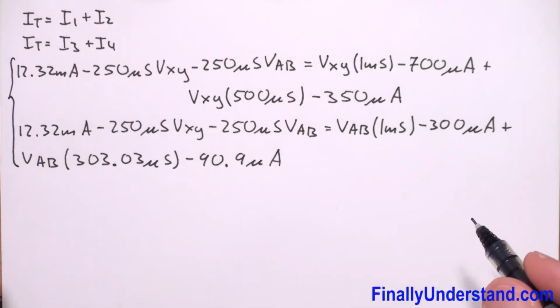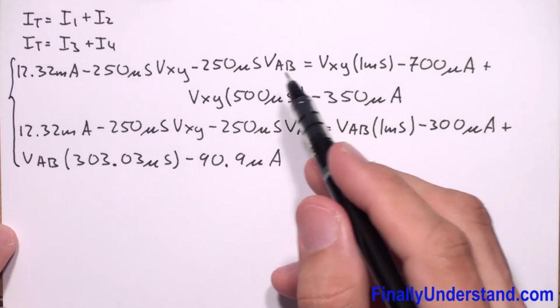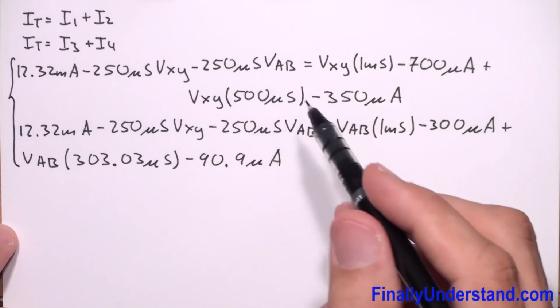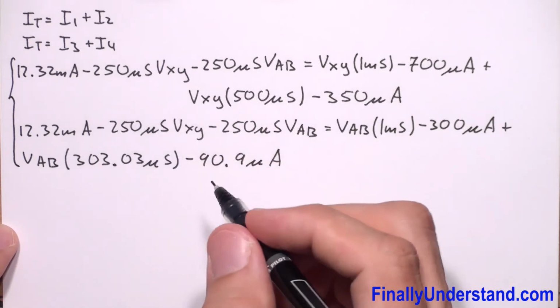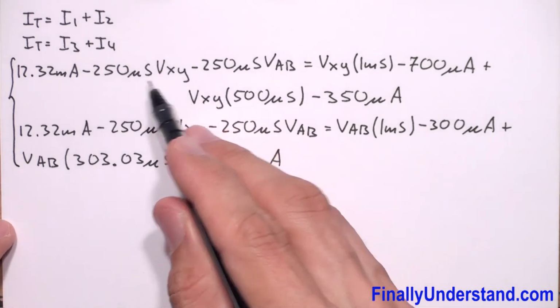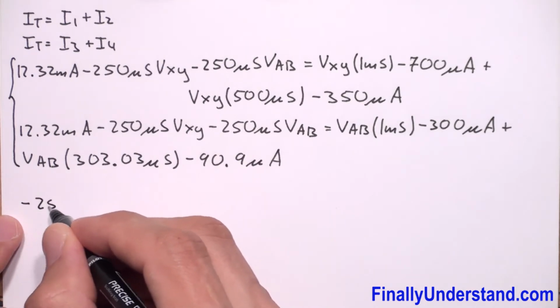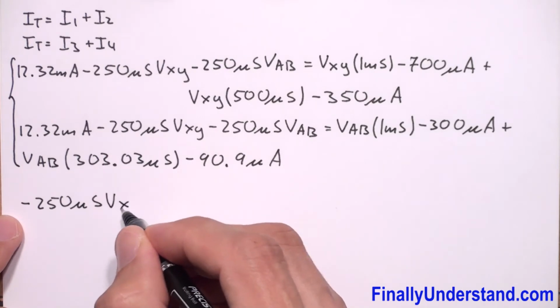Next, I'm supposed to organize them a little bit. Okay, so I'm going to bring all VXY and VAB values to the left side, and everything without V I'm going to move to the right side. So in the first equation I'm going to have minus 250 microsiemens VXY.